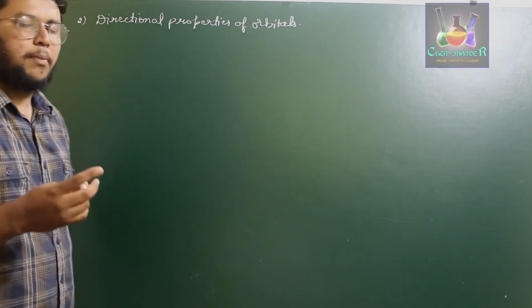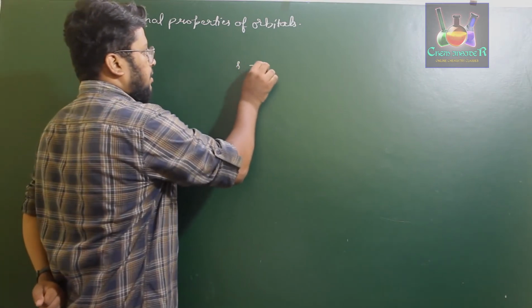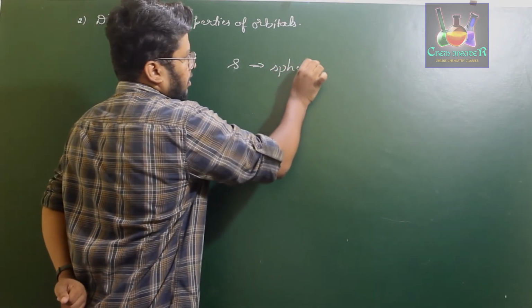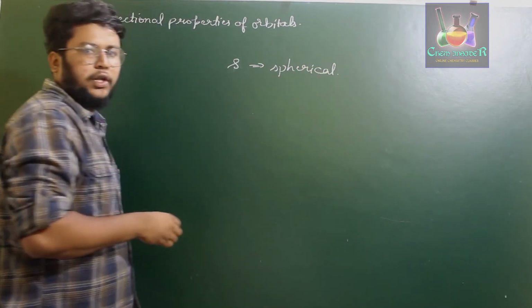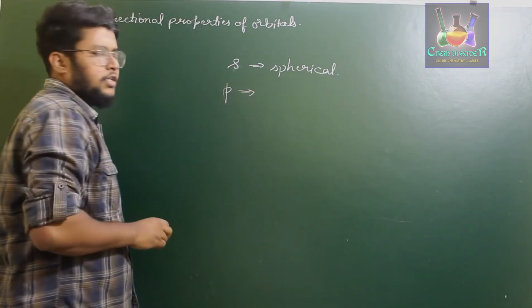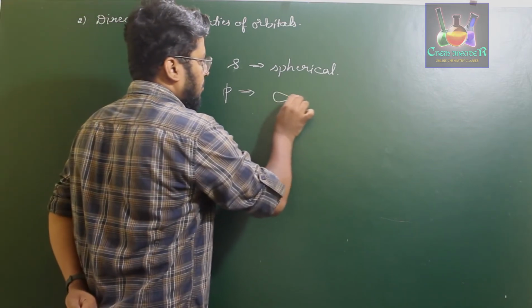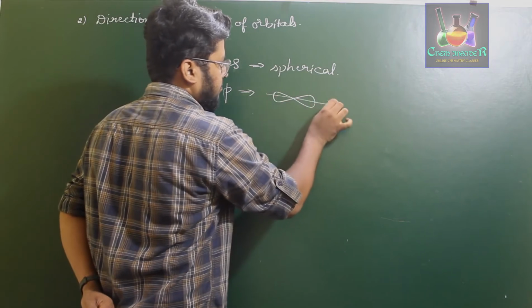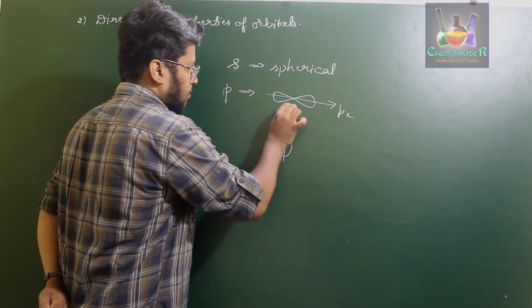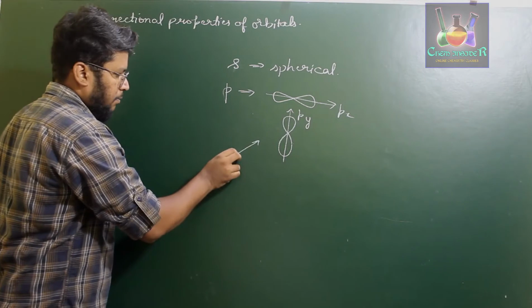As we had discussed in chapter 2, the structure of atom chapter, the s orbital will always be in a spherical shape, at the center of the coordinate axes x, y, z, whereas the p orbital has the shape of a dumbbell along 3 particular axes: px, py and pz.